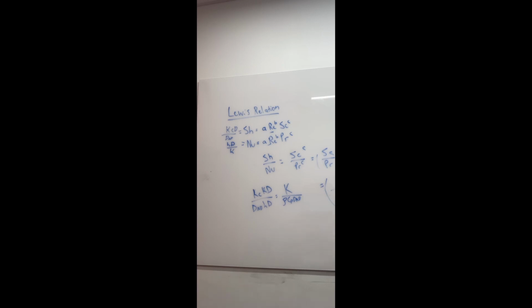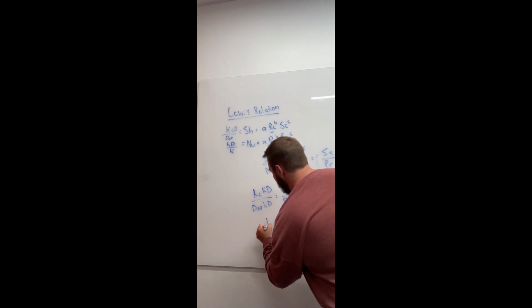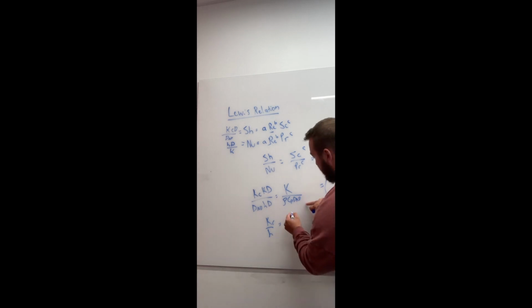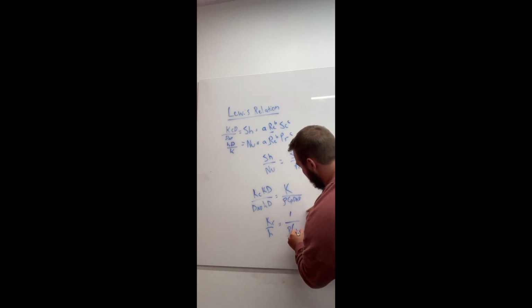So now we can cancel out a couple of the terms. We cancel out k_c over h, right? And then we'll get 1 over rho c_p.